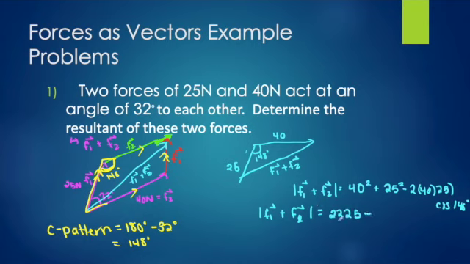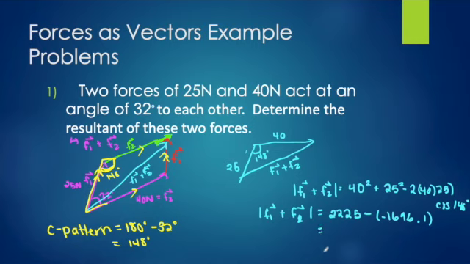And then I'm going to do this all in one step, so cosine of 148 times 2 times 40 times 25. It's going to be negative 1,696.1.